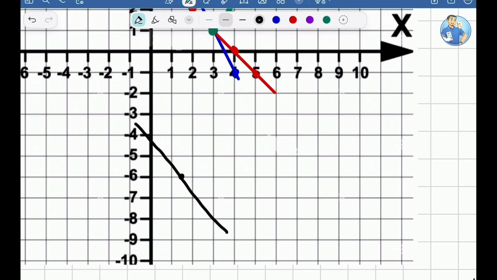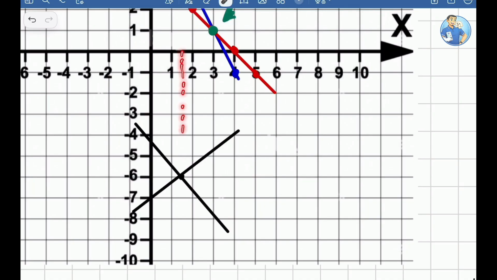I have this line, then a different line. In this case it would be an estimation. We can say maybe 1.5 for the x coordinate, and minus 6 for the y coordinate. This is possible. So that's it.